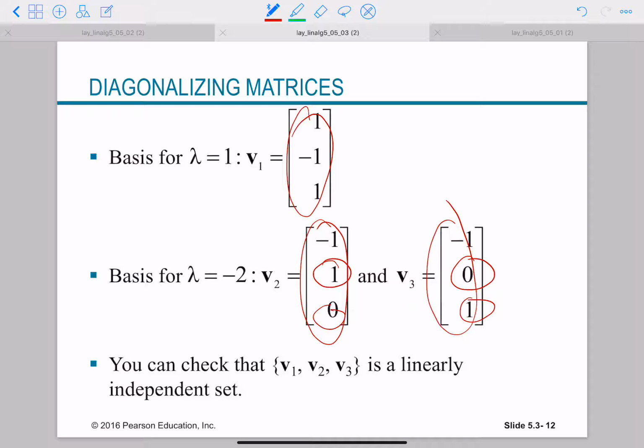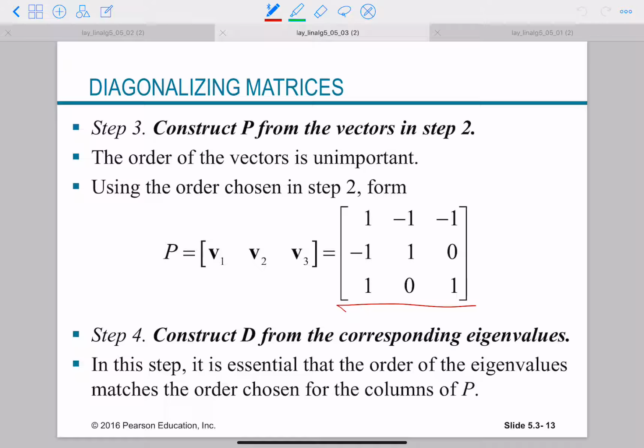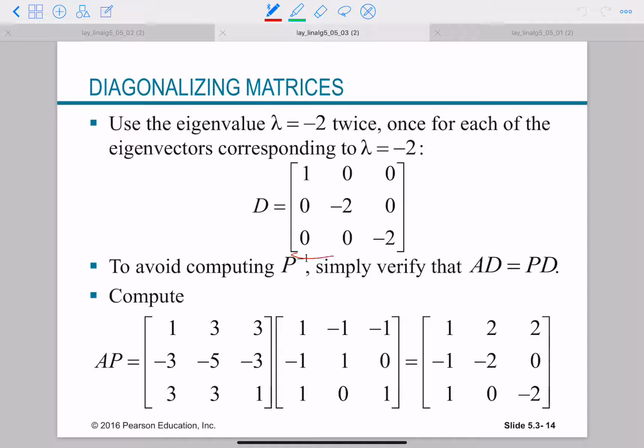They are in parametric vector form. You know how to factor out the free variables and obtain the constant vectors that will form our basis. They will work as our basis vectors for the null space. So P is obtained in this manner, and D is obtained over here.